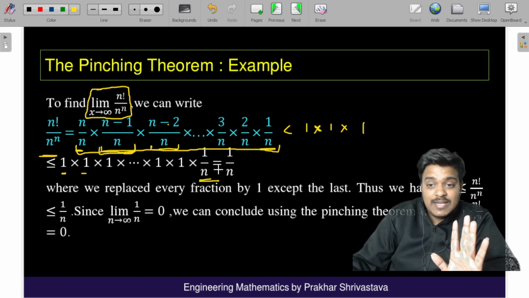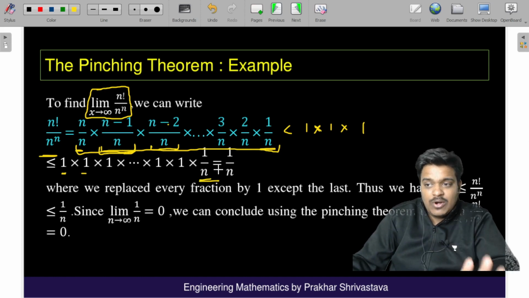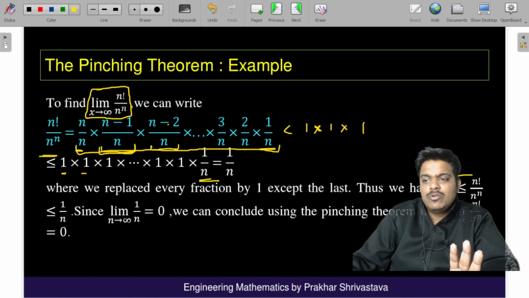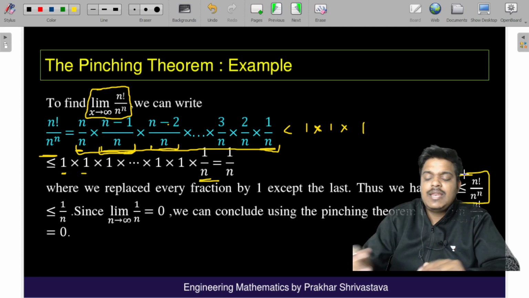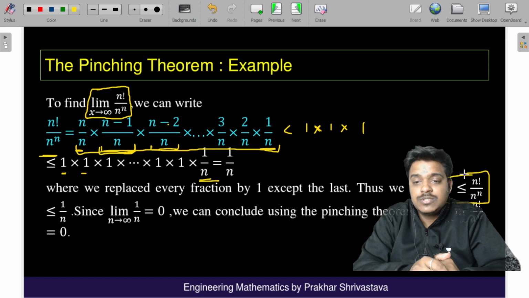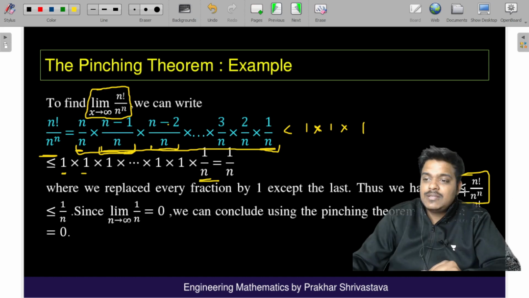And it is very clear. We know very clearly that n factorial by n to the power n is greater than or equal to 0.